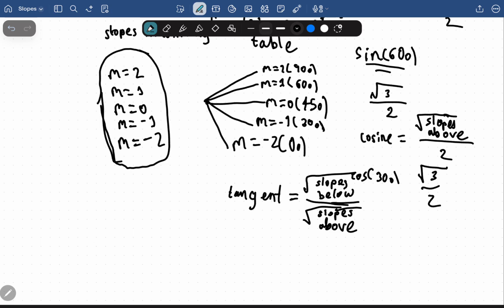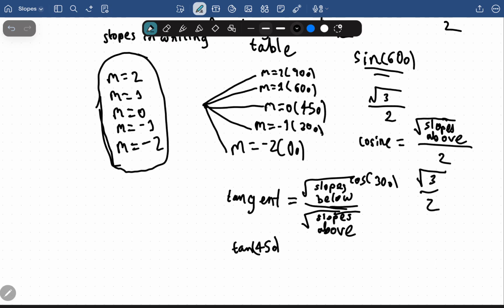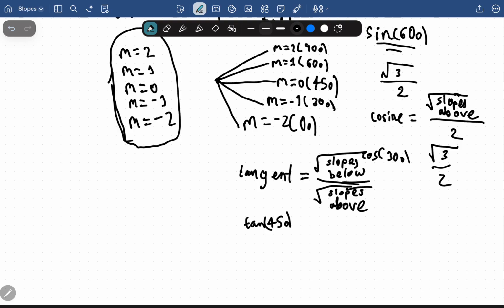So tangent is this. So let's find it for tangent 45 degrees.